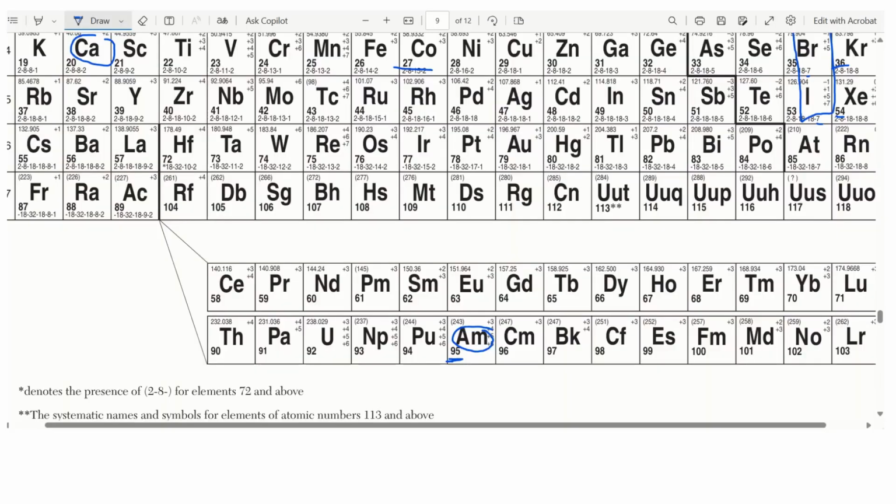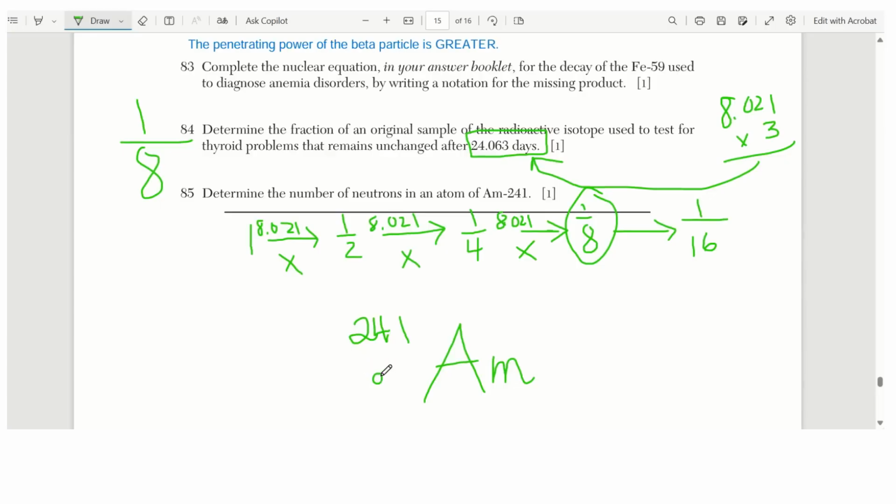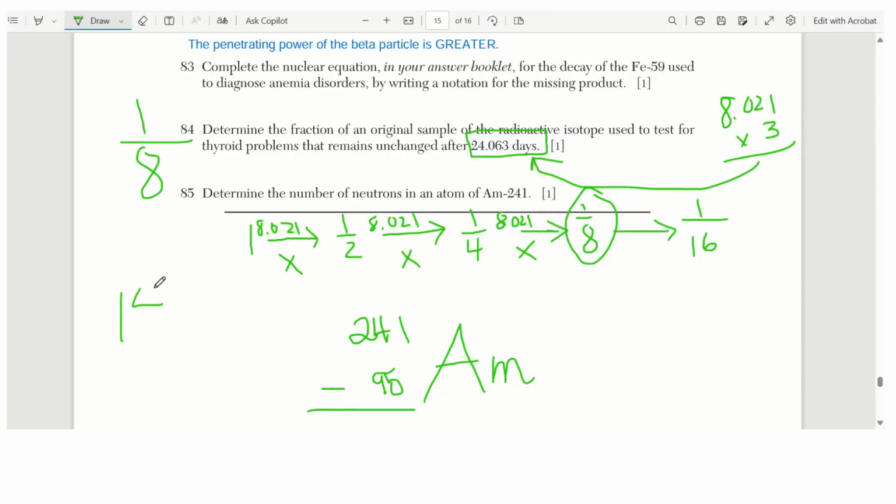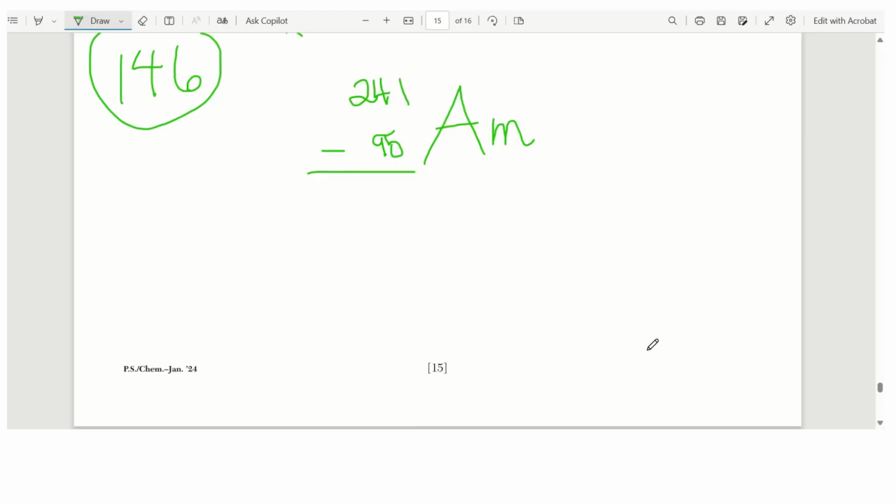It is 95. So if this is the mass number on the top, 241, which is protons plus neutrons, and this is protons, I subtract those numbers. So 241 minus 95 equals 146. That is how many neutrons I have. And there we go.